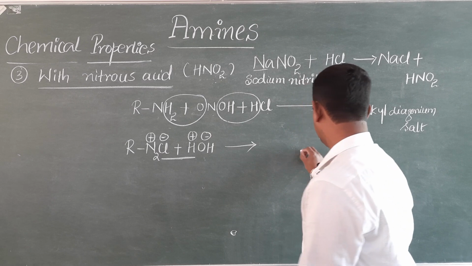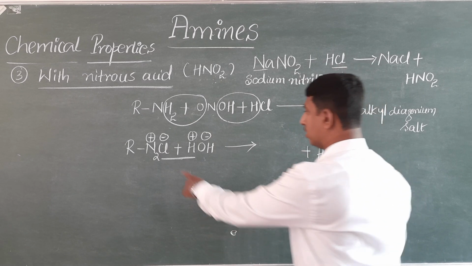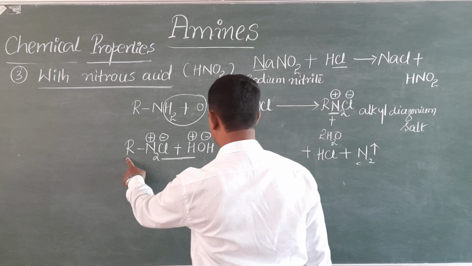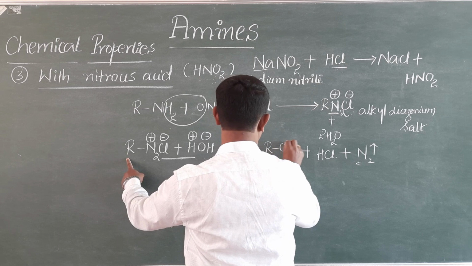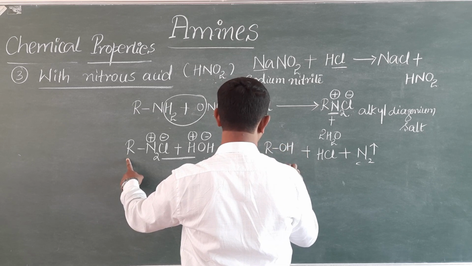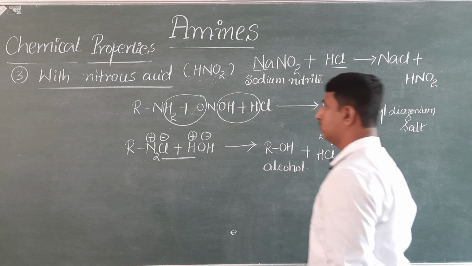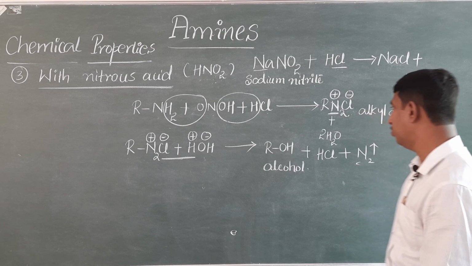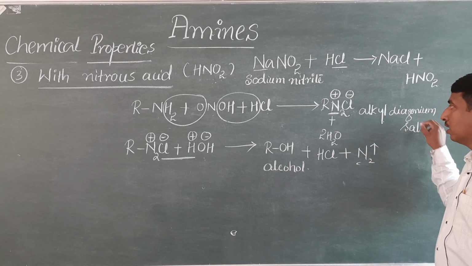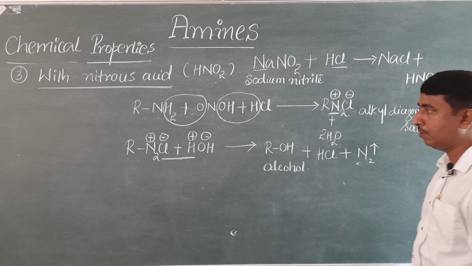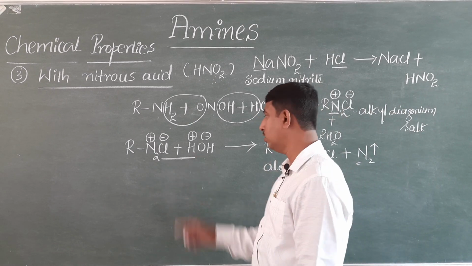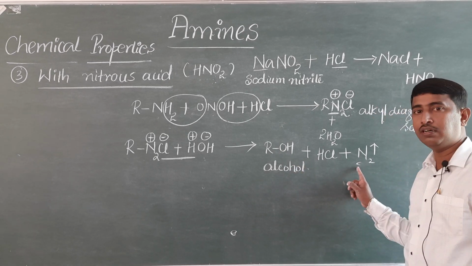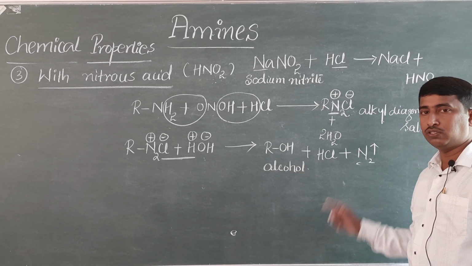So we will get HCl, nitrogen gas will be liberated, N2, along with ROH, which is alcohol. So an aliphatic primary amine reacts with nitrous acid, producing alkyl diazonium salt. Alkyl diazonium salts are unstable, readily undergo hydrolysis, or decompose in the aqueous medium, forming alcohol with the liberation of nitrogen gas.